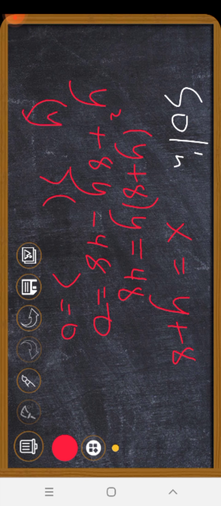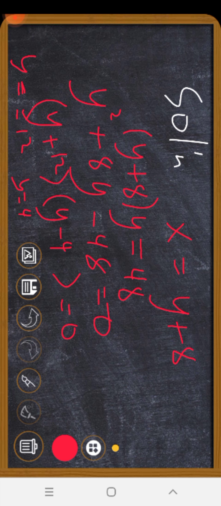So our factors are the quantity y plus 12 times the quantity y minus 4. Checking, 12 times negative 4 is negative 48, and their sum is positive 8. By the zero factor theorem, our first value is y equal to negative 12, and our second value is y equal to 4.